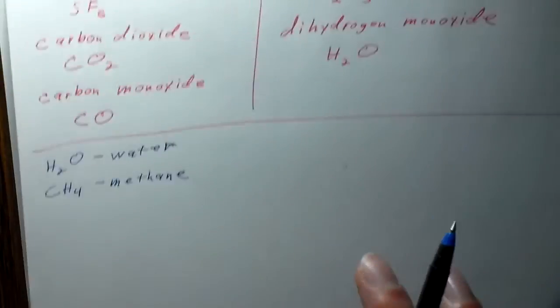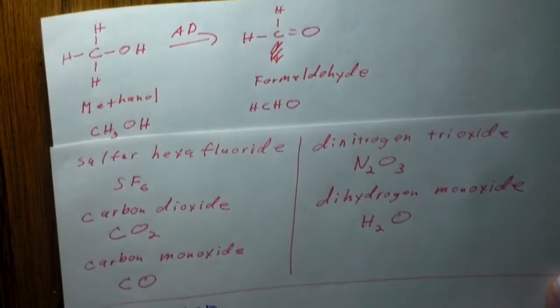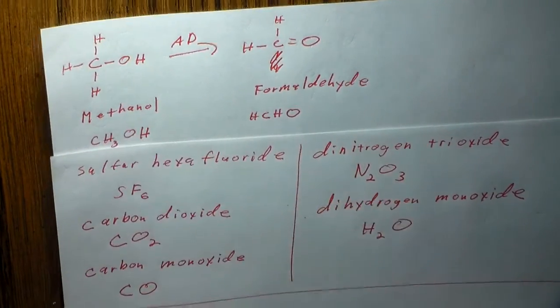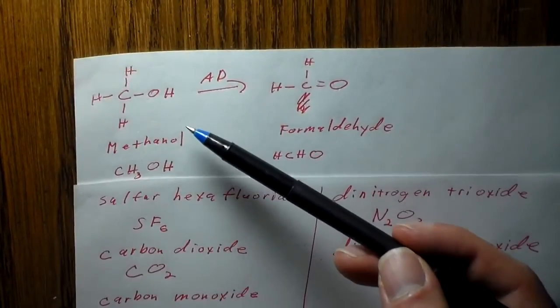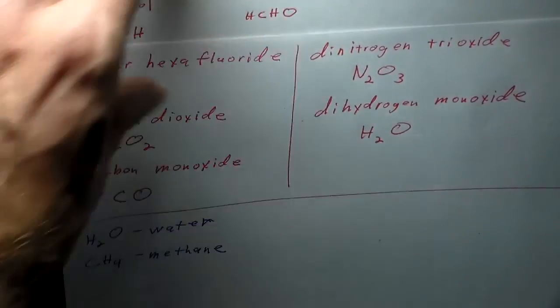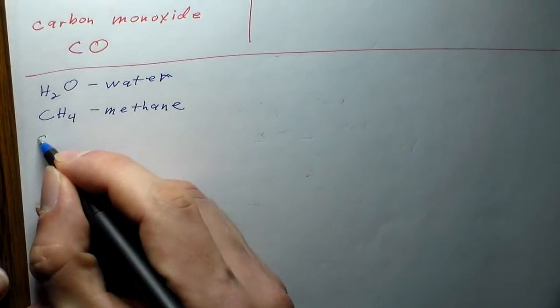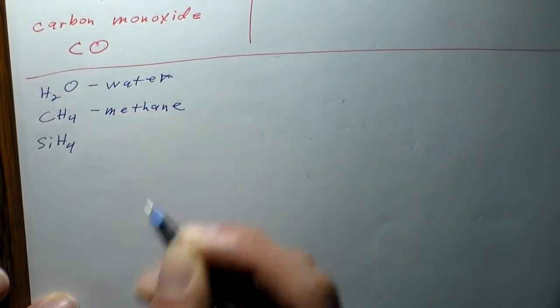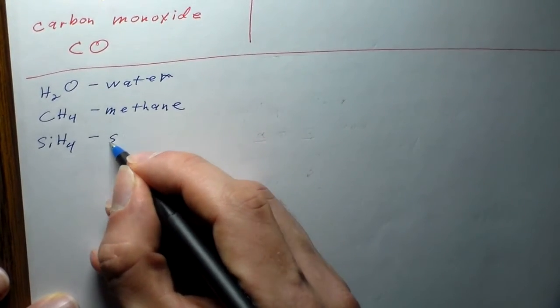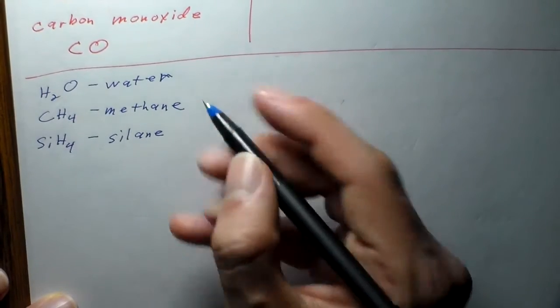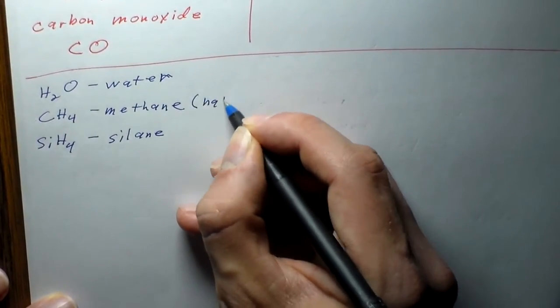CH4, which is methane, and if you happen to look right here, methanol, that's where methanol gets its name, it's a derivative of methane. So that's why it's called methanol. And ethanol, by the way, is a derivative of ethane. Another one here, which isn't used quite so often, but it's kind of interesting, is called silane. So this is the silicon version of methane. Oh, and by the way, methane is natural gas.